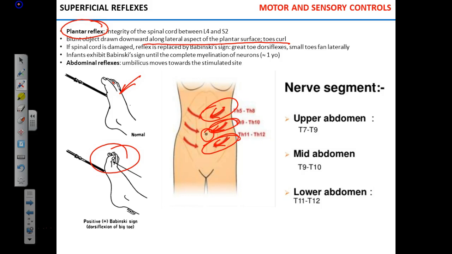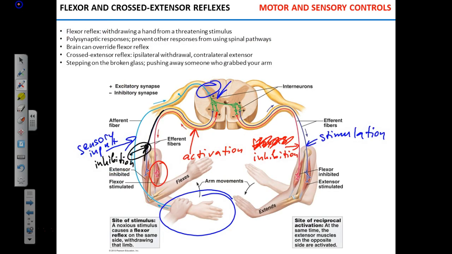In terms of what you should know, stretch, well, knee jerk. Knee jerk and stretch are pretty much the same. Tendon reflex, flexor crossed-extensor, know them. By the way, one thing that I didn't mention about flexor crossed-extensor, which is shown in the picture, I just didn't point your attention to it.